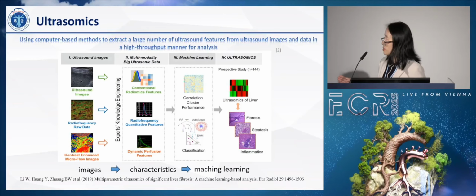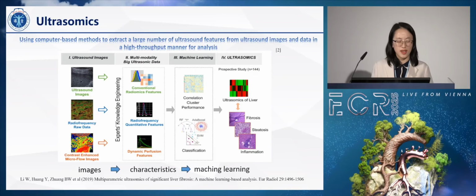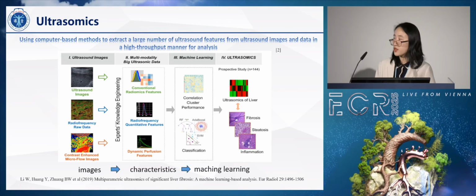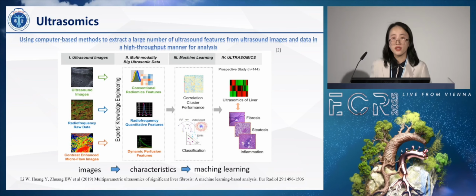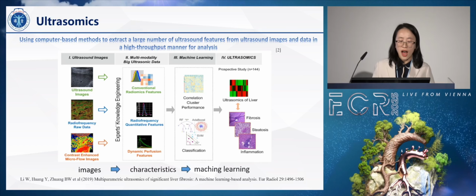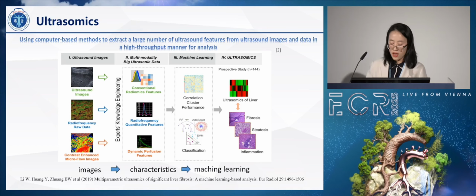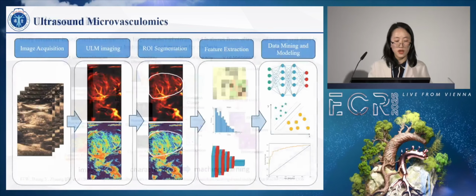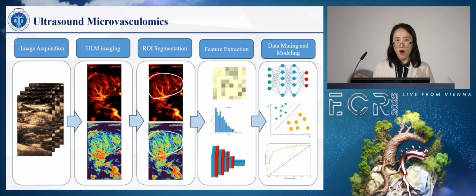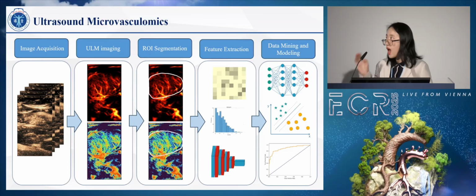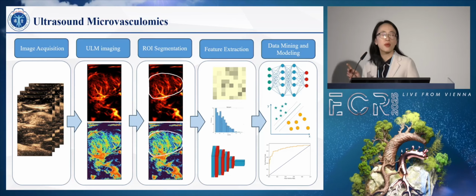This is a concept, ultrasomics, which was actually established in 2019. It uses computer-based methods to extract a large number of ultra features from ultrasound images in a high-throughput manner for analysis. So based on this concept, we put forward another concept, which is called ultrasound microvascular omics.